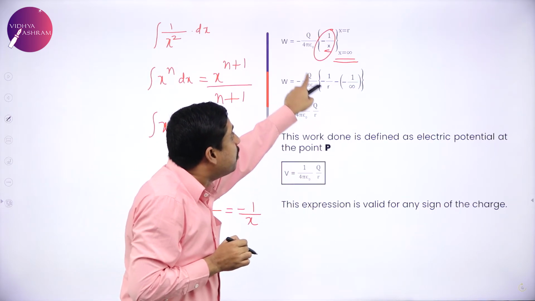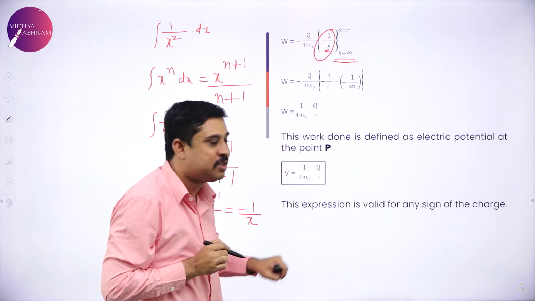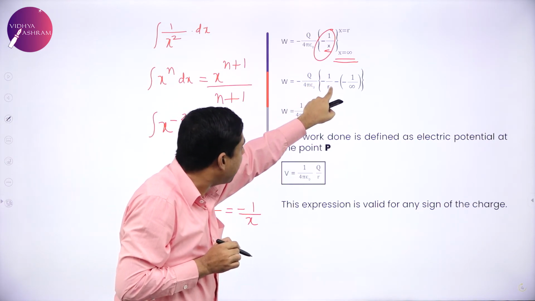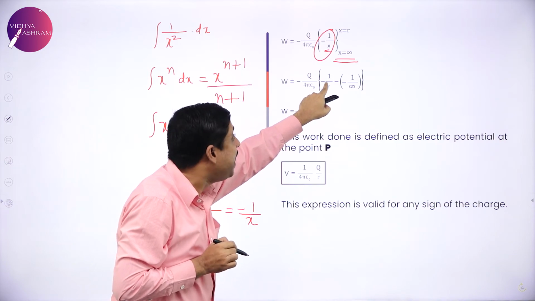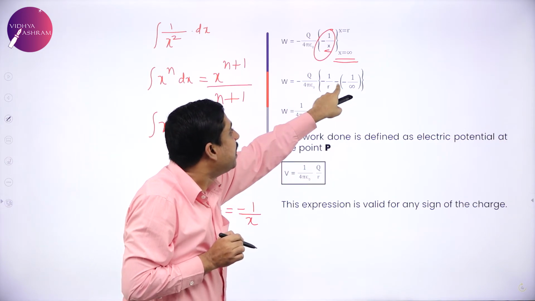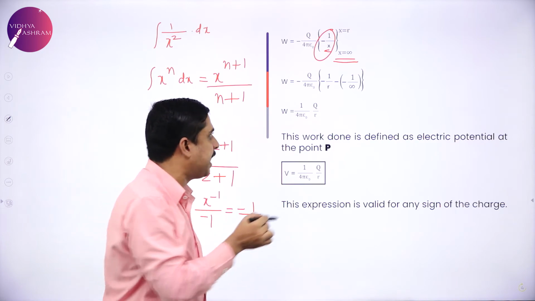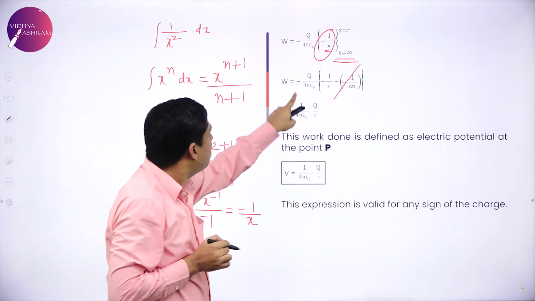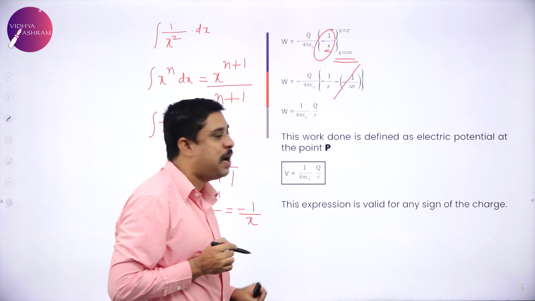This minus is because of the expression. So minus 1 by r minus, because upper limit minus lower limit, minus 1 by infinity. This is not defined. Minus into minus is plus.